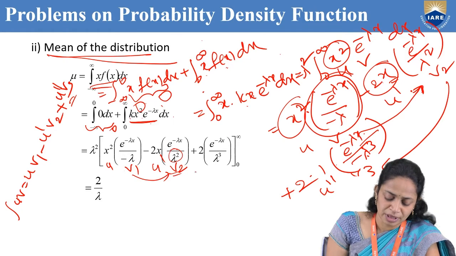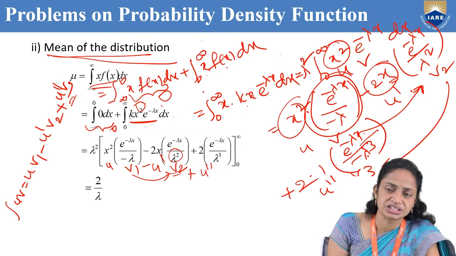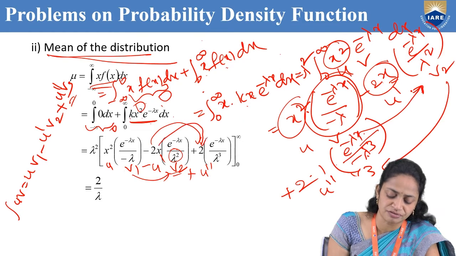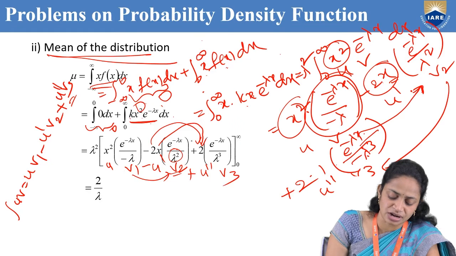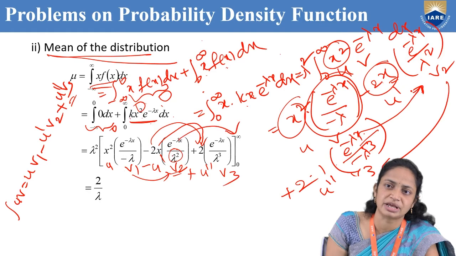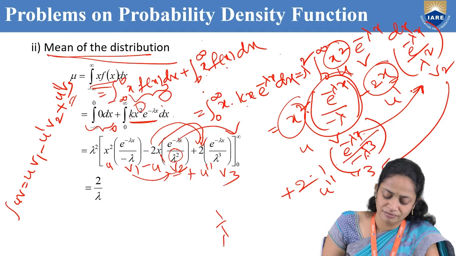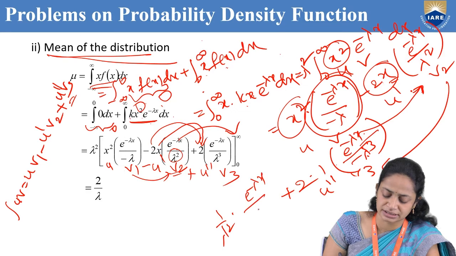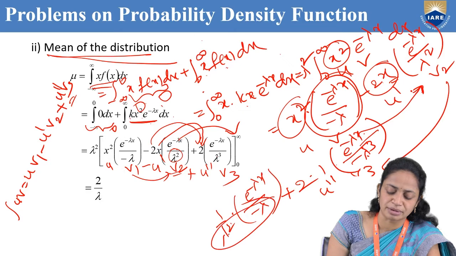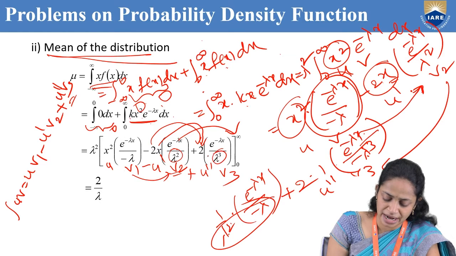Next plus u double dash, the differentiation of 2x, which is 2, and v3, the integration of e power minus lambda x divided by lambda square. So e power minus lambda x divided by lambda square into minus lambda, that is minus lambda cube.